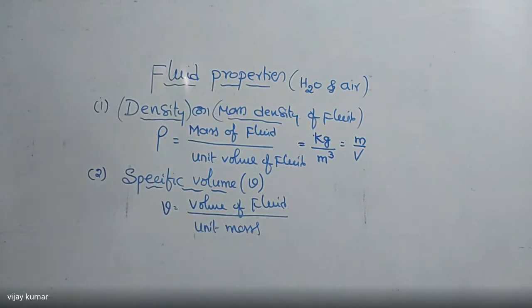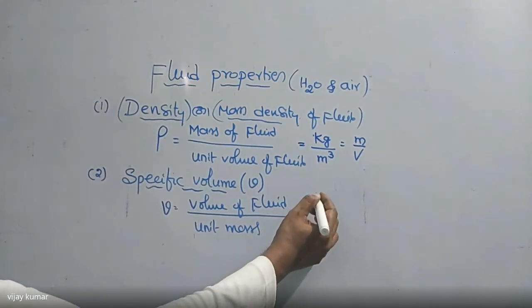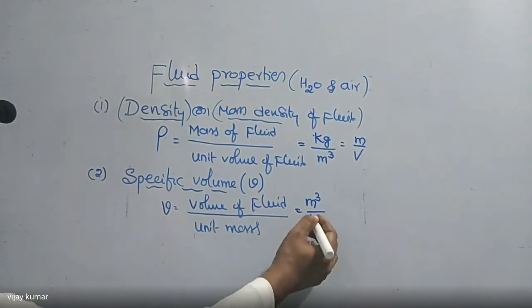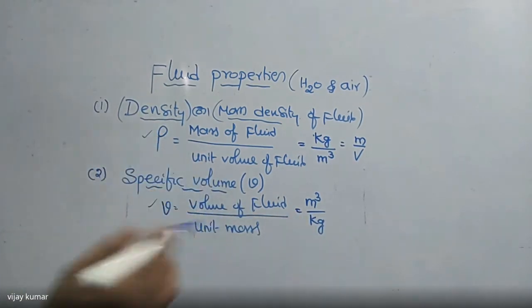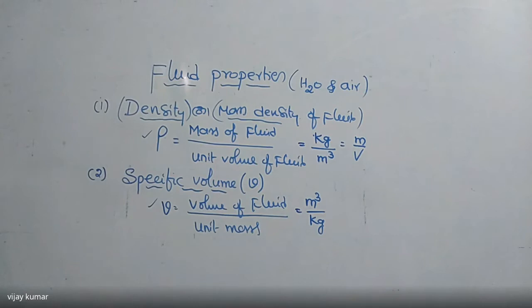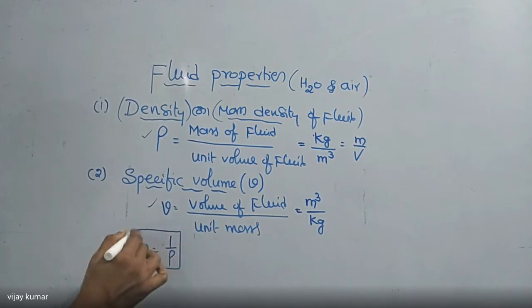Volume is expressed in meter cube and unit mass is expressed in kg. So if you observe, both are reciprocal to each other. So I am writing simply, specific volume is equal to 1 by rho. This is the relation between specific volume and density. Did you get it?